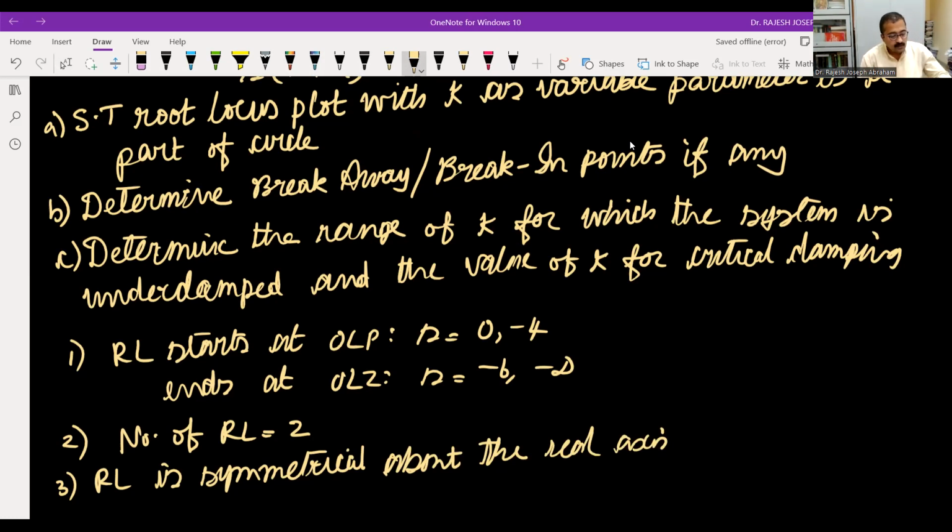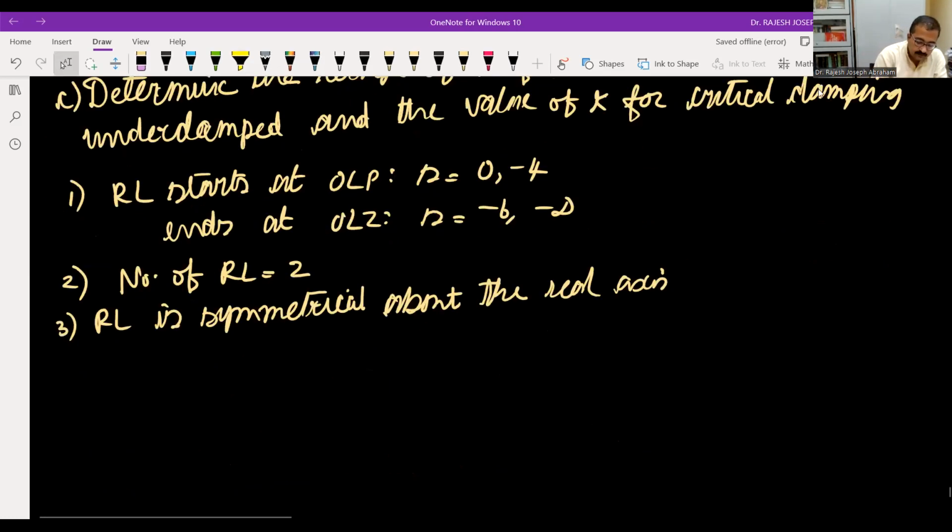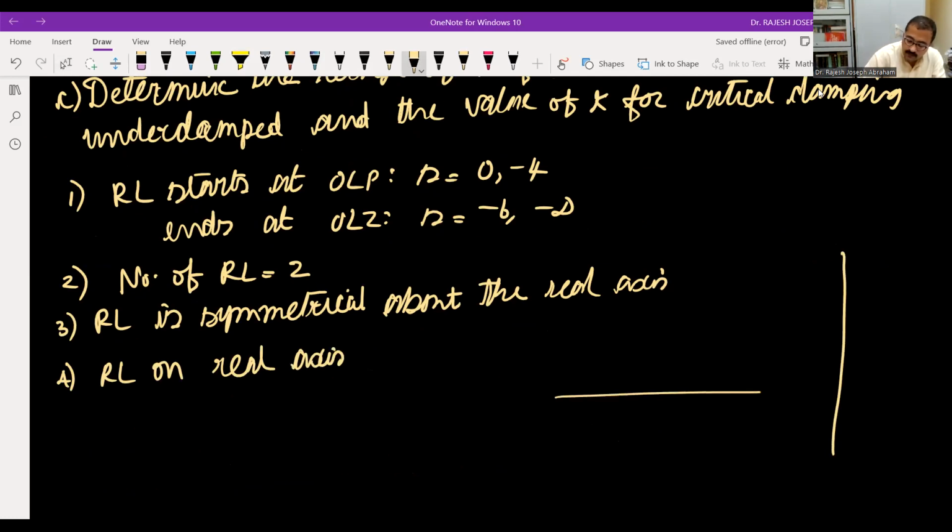Let us try to determine the root locus on the real axis now. Sigma j omega. What is the transfer function? S plus 6 by S into S plus 4.